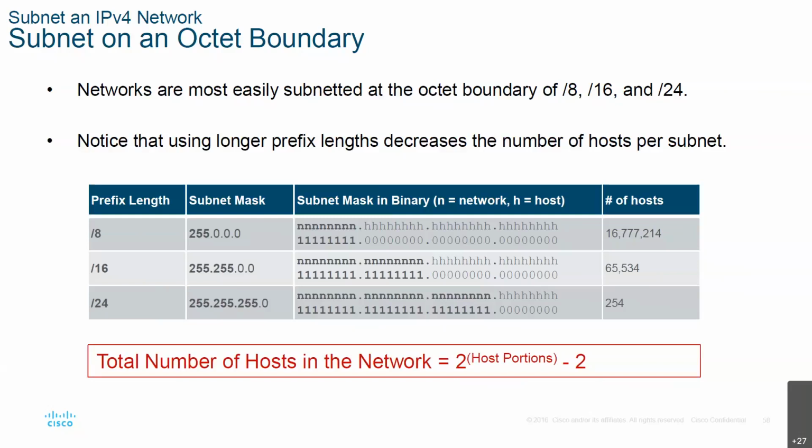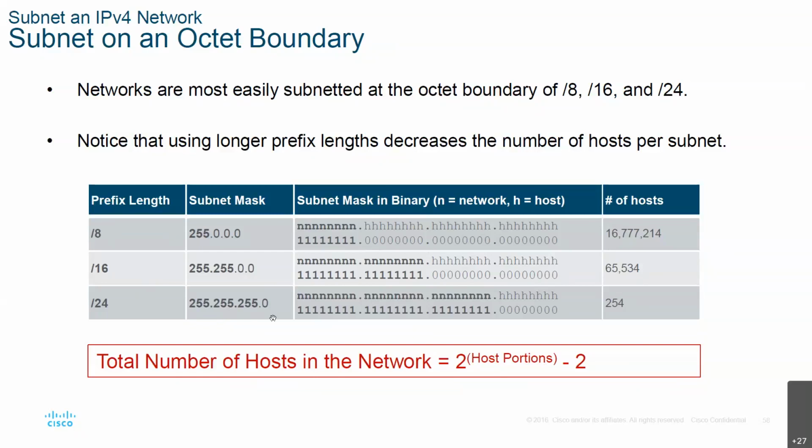Usually, if we have got a /8 network, we know that the network portion is 8 bits. The host portion, count the zeros, is 24 bits. Using this formula, 2 to the power of 24 minus 2, we can have more than 16 million devices. /16 means network portion 16 bits, host portion 16 bits. 2 to the power of 16 minus 2, we can have more than 65,000 devices.